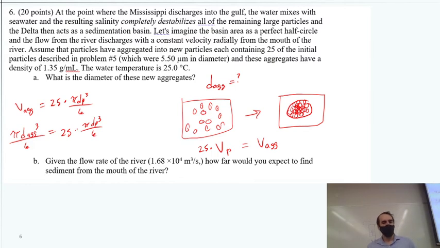So with that, we can simplify a little bit, divide pi from both sides, multiply 6 from both sides, and then get our final relation. It turns out that the diameter of an aggregate is equal to 16.08 micrometers.